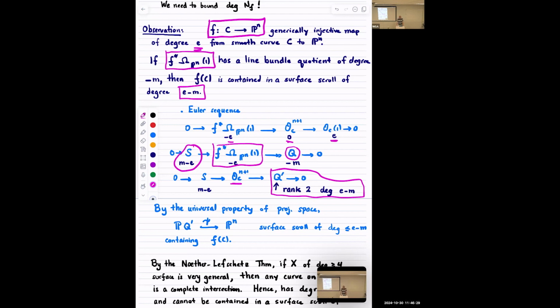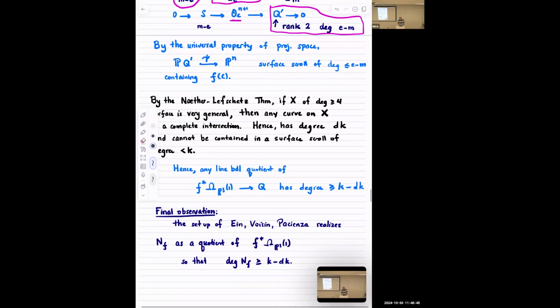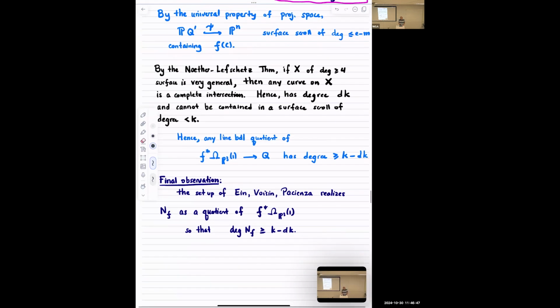Okay. So the key observation in some sense is that if you have a small degree quotient of this cotangent bundle, or the cotangent bundle twisted by 1, then you need to be contained in a small degree scroll. But now you see, a curve typically is not contained in a small degree scroll.